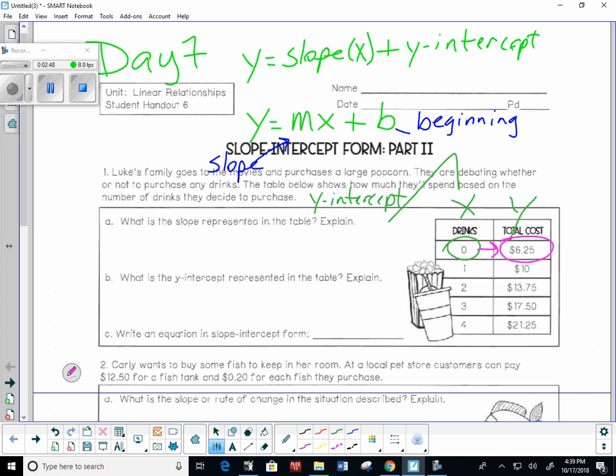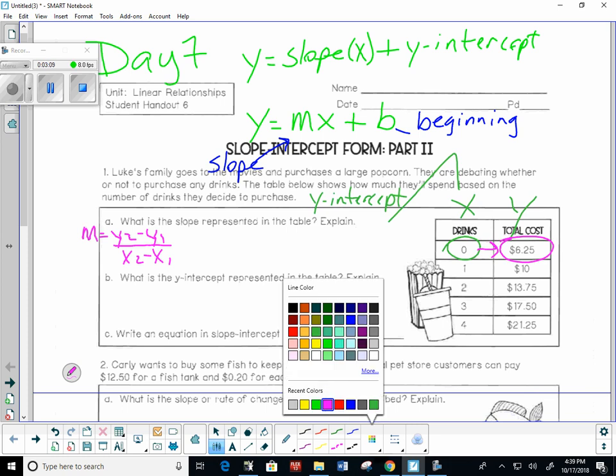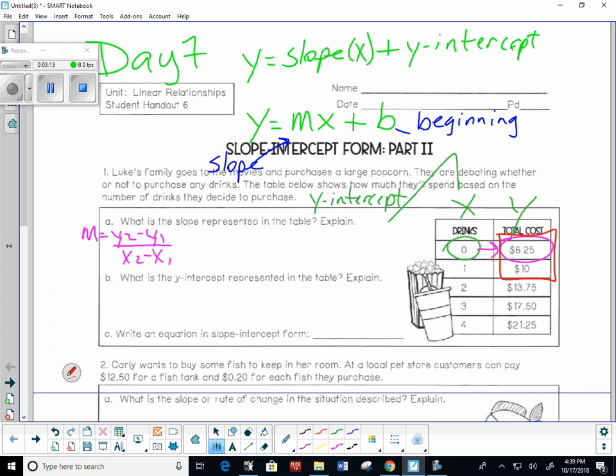What is the slope represented in the table? Okay, well, yesterday we talked about our slope formula: y2 take away y1 over x2 take away x1, and it's the same thing that we've been doing. It's just the change in y over the change in x. Okay, so I'm going to go ahead and use these two amounts for our y's, and so we have to have the corresponding x's.